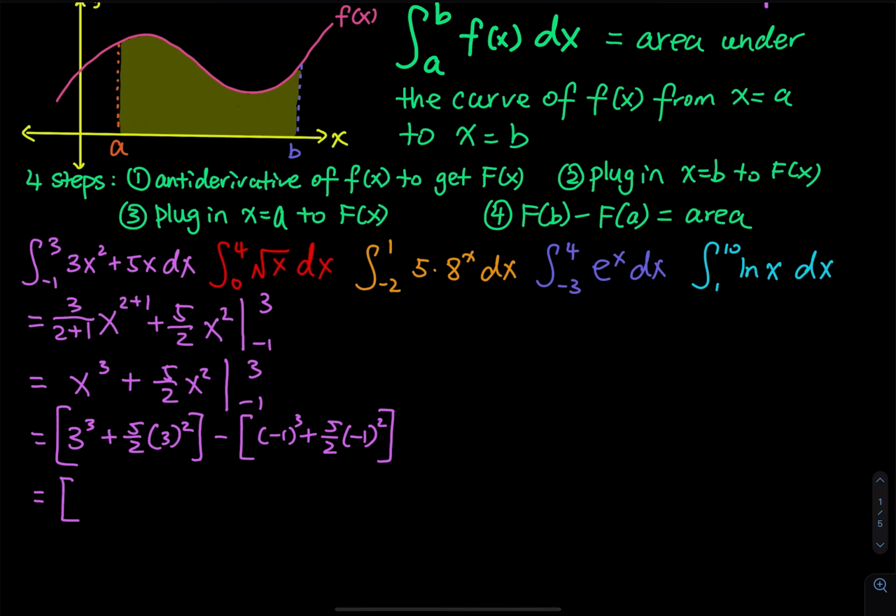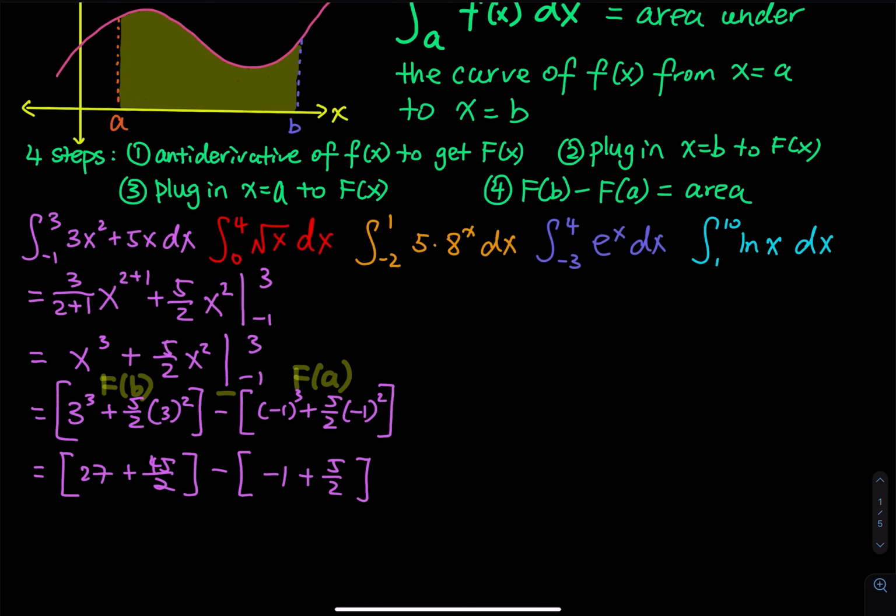So we have 27 plus 9 times 5, so that is 45 over 2, and then minus, this is always a minus from the FTC, and then that is -1 plus 5 over 2.